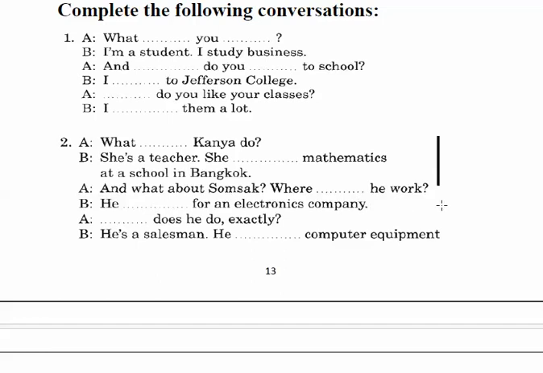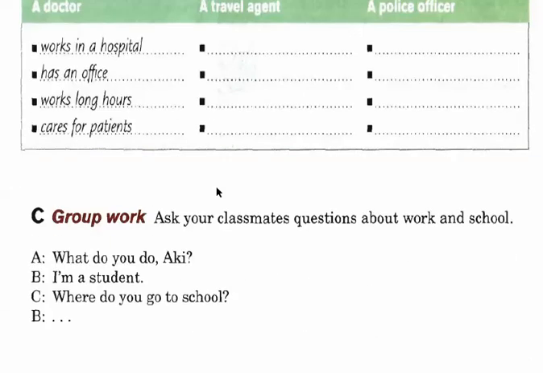Where does he work? He works for an electronics company. What does he do exactly? He's a salesman. He sells computer equipment.